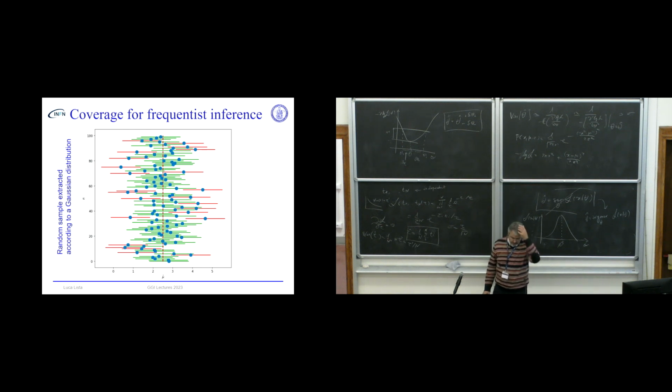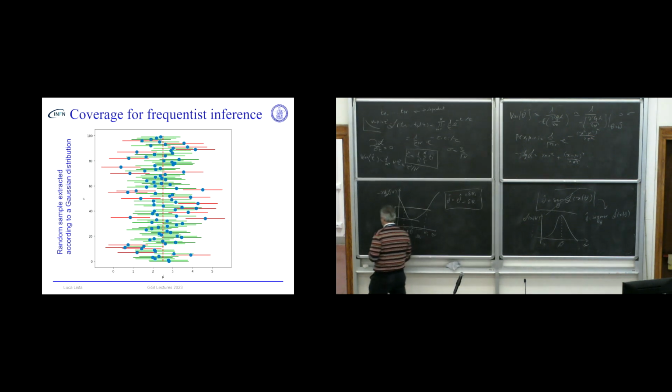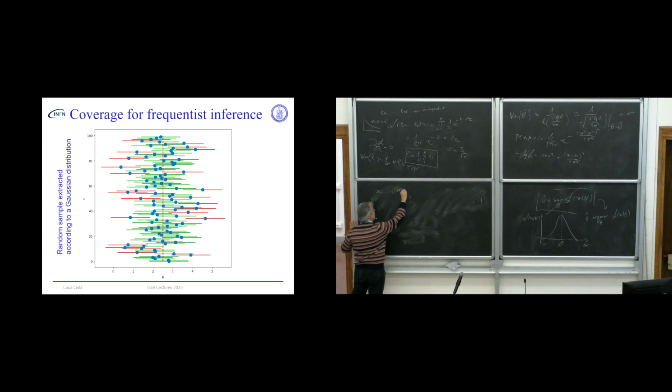Now, what happens if you have more measurements, like in this case? Another result which is very easy to determine, I don't show it to you, is that if you have the product of n Gaussians, okay? So if you have x1, ..., xn, and they all follow a Gaussian distribution with the parameters mu and sigma is known, you end up with the maximum likelihood estimate for mu, which is equal to 1 over n times the sum of xi.